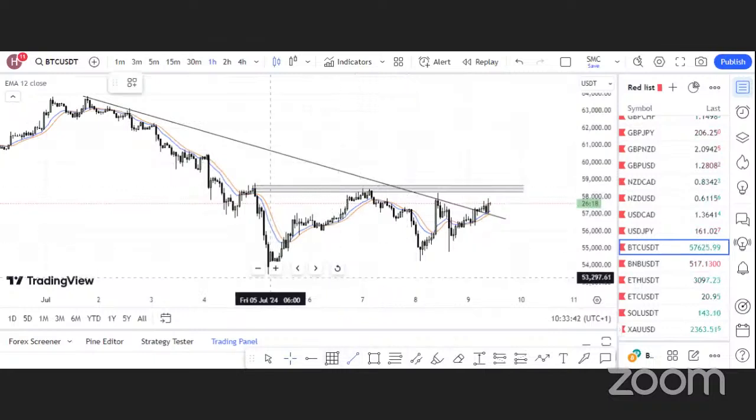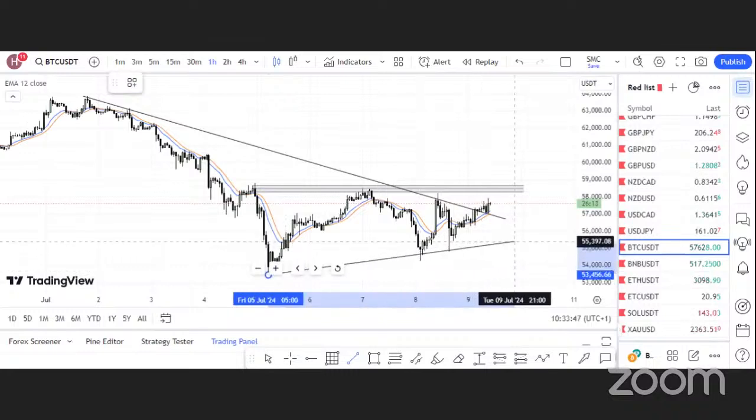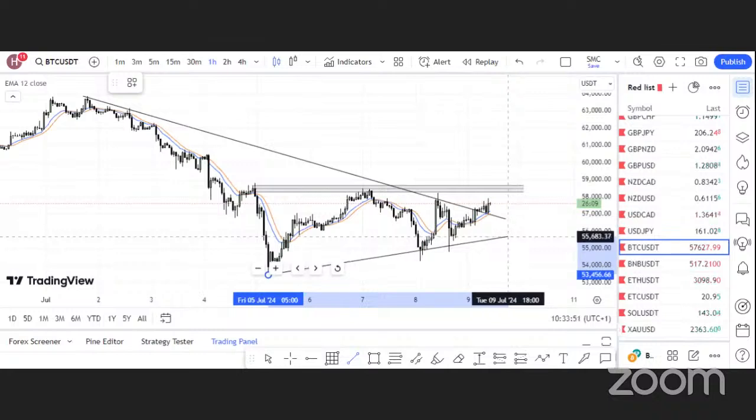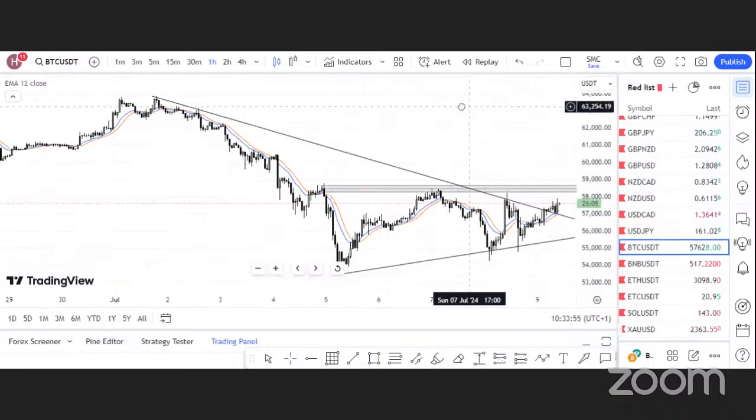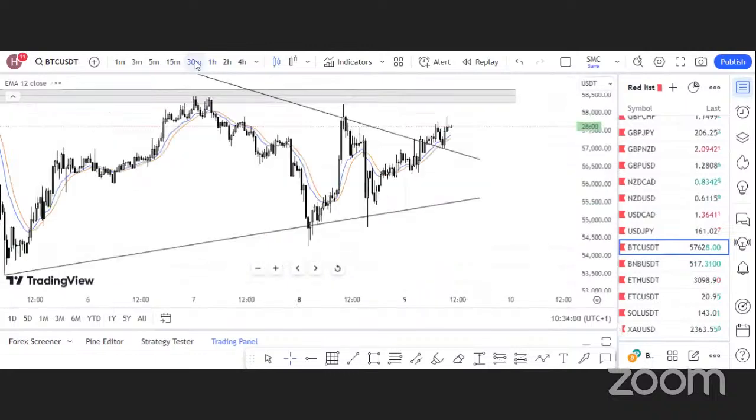And then we can also have it this way. Right. So let's move down to the 30 minutes time frame.